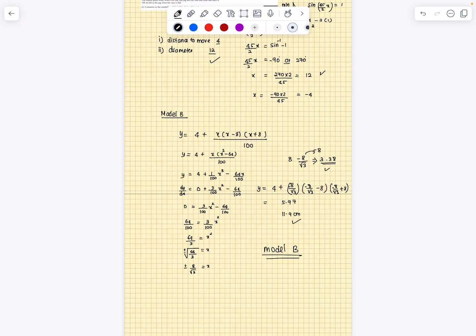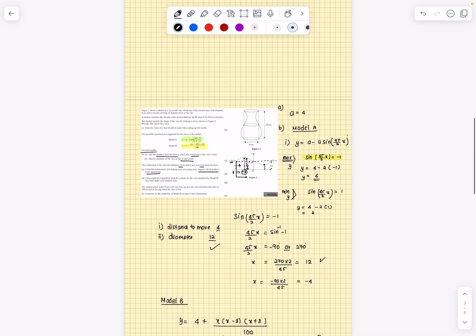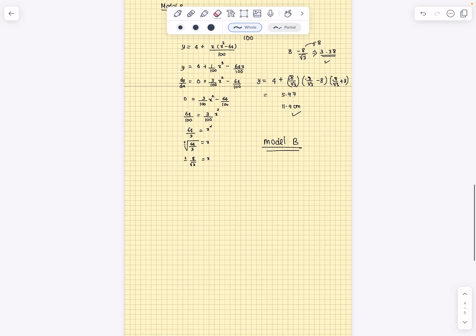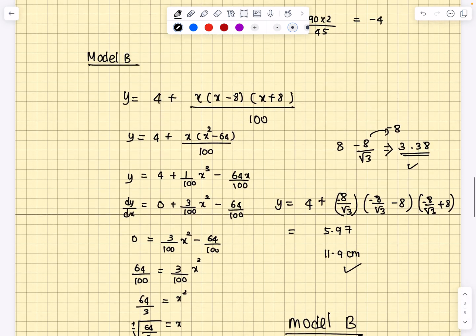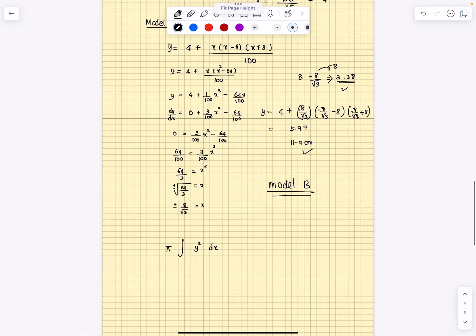And then follow up, they're asking you to find the volume. So to find the volume, I'm going to integrate, times it by pi y squared in terms of x. And to do this, I'm going to take the model, square it.